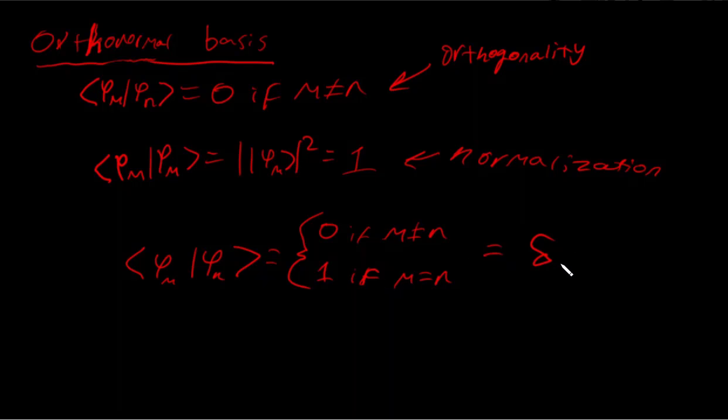It's called a Kronecker delta, and it's just a lowercase Greek delta with the subscripts mn. It looks a little bit complicated, but all it means is it's 0 if m does not equal n, and 1 if m does equal n. So this is just a shorthand, and this is our orthonormality condition.